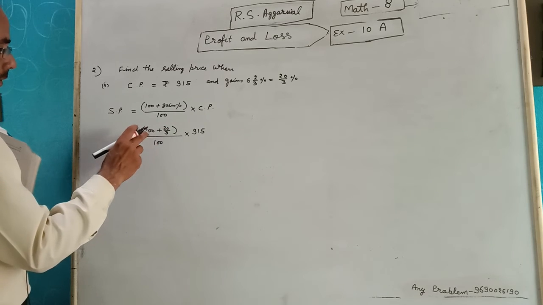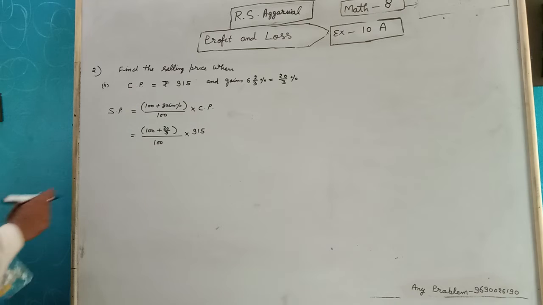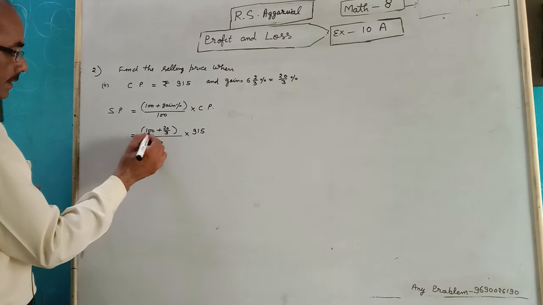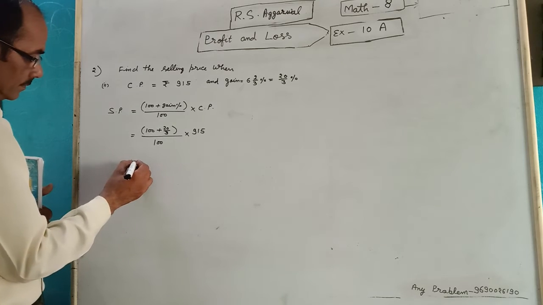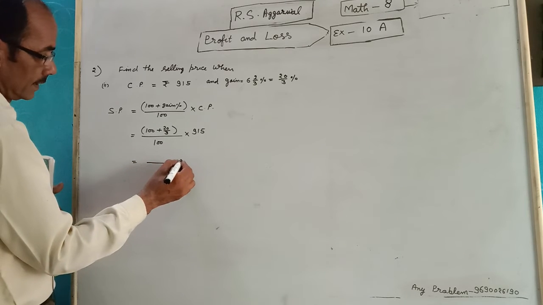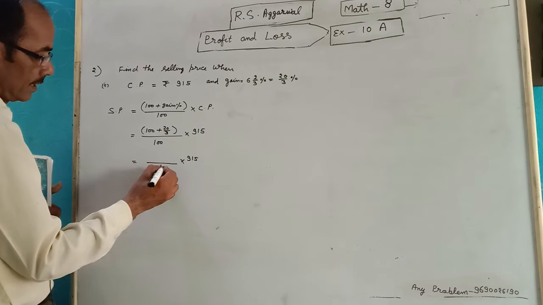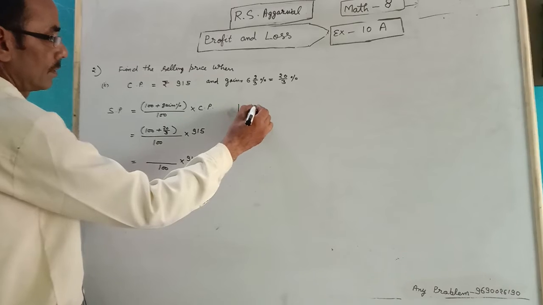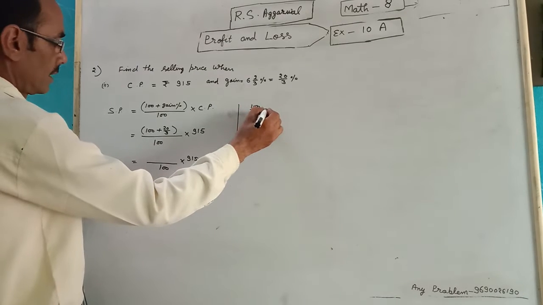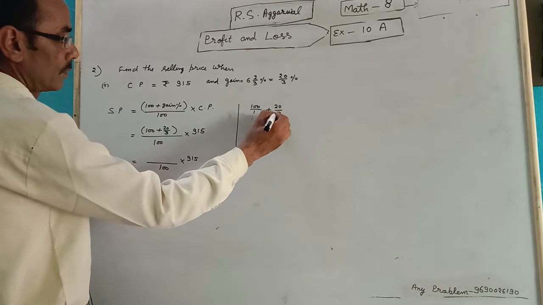Simplify the 100 plus 20 upon 3. To take the LCM, into 915, 100 it is same. You can solve 100 upon 1, 20 upon 3.